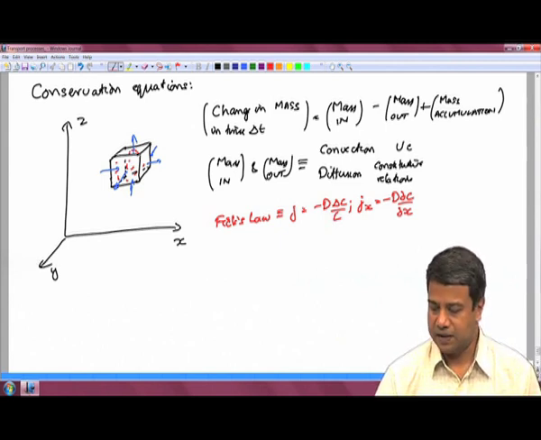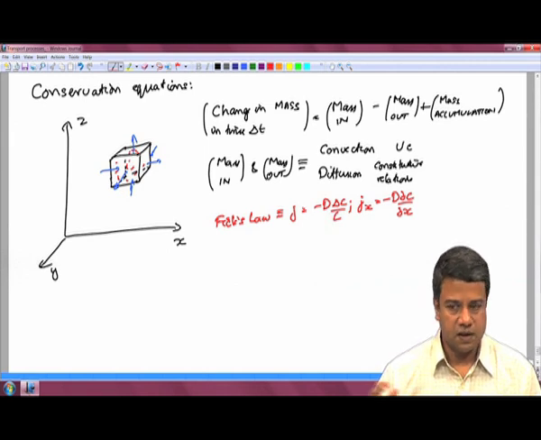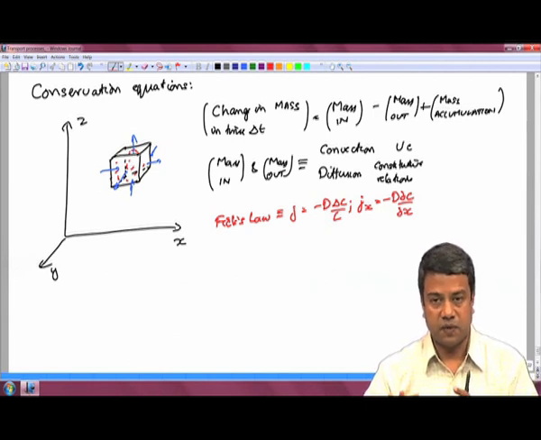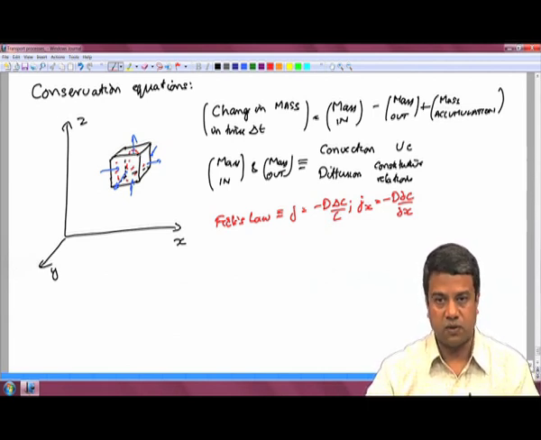So, I have to put in the convection and the diffusion contributions to the mass in and mass out and use those in order to get an equation for the change in mass in a time delta t based upon the mass distribution throughout the volume.